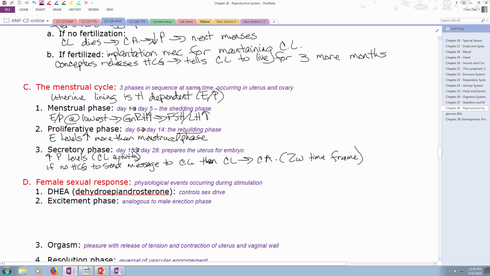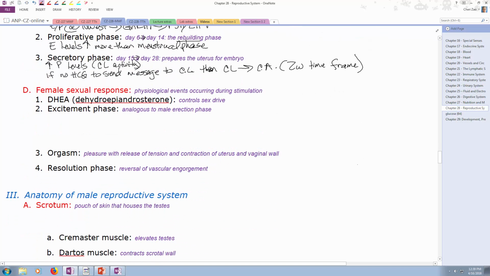Female sexual response. So the physiological events that occur during a sexual encounter with excitement and orgasm, and then the resolution phase. What's important is testosterone is the sex drive hormone for men. Well, for women, it's not testosterone, it's DHEA, dehydroepiandrosterone, and it's an androgen.